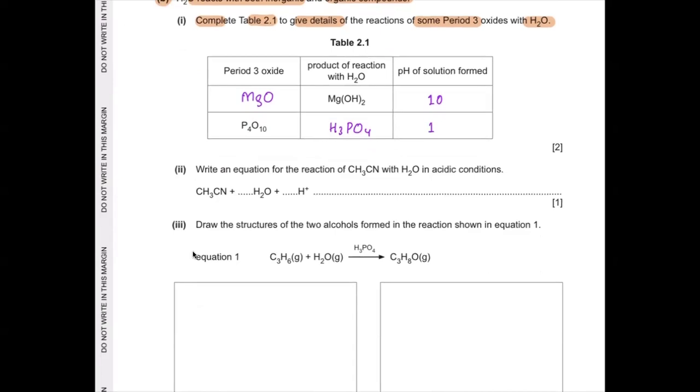Now, next part, 2. Write an equation for the reaction of methane nitrile with water in acidic conditions. Okay, so basically it's a hydrolysis reaction. They make you confused by just writing it with water. What is happening, if you recall, is that the nitrogen gets away from the carbon, and the carbon turns into a carboxylic acid because it's an acidic medium, and the nitrogen forms an ammonium ion.